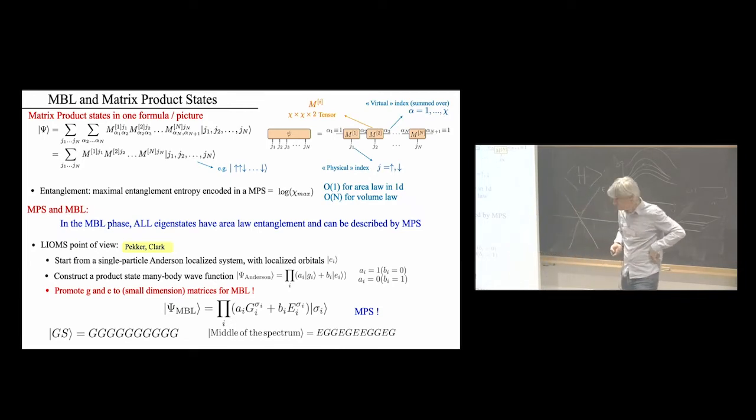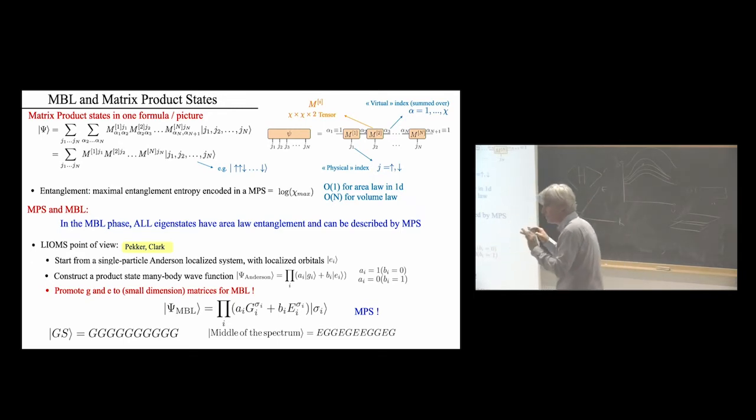And there's a nice argument here, which I would like to copy from this paper. Why could this form be useful? Let's imagine I have a single-particle Anderson localized state, just for the sake of the argument, with some localized orbitals. They are occupied or not, so they are either in the ground state or the excited state at each orbital. Let me construct, like a Slater determinant, a product state many-body wave function with n such orbitals. At each site, I can make a product wave function where it's either the ground state, which is occupied, or the excited state of the orbital.